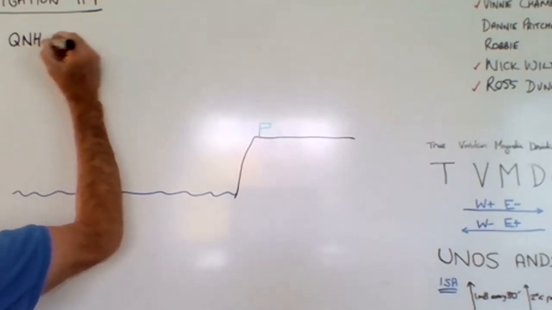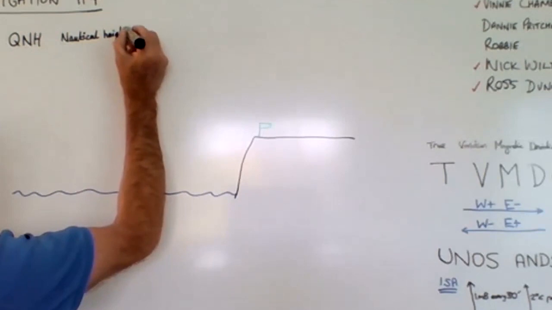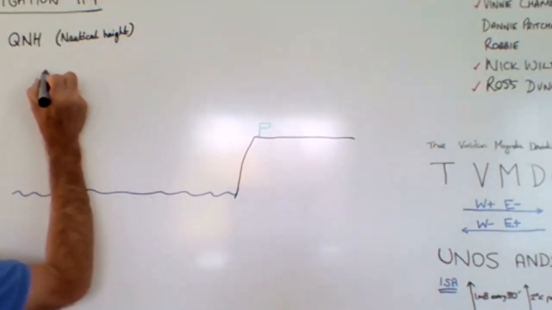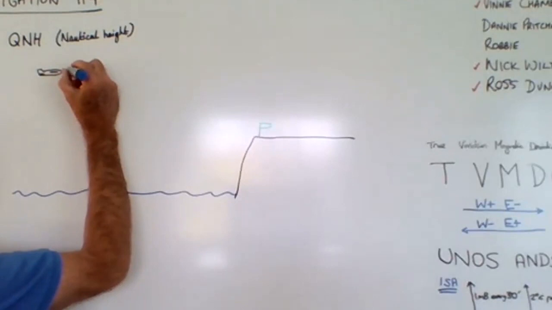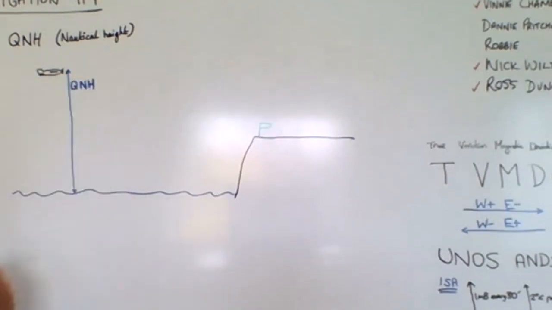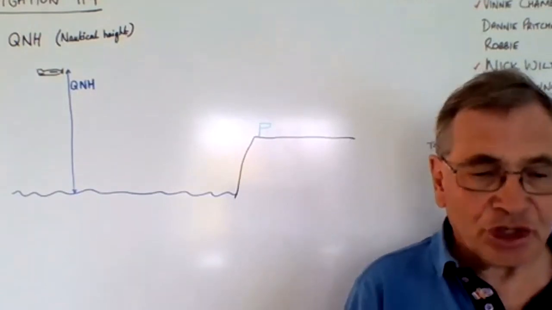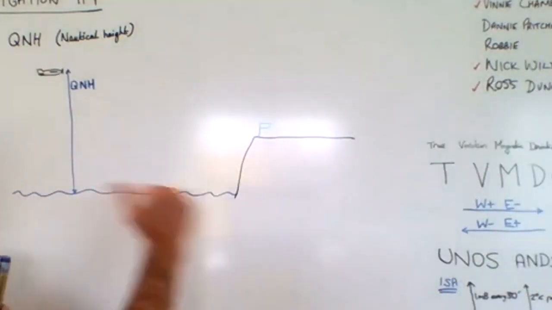In other words, NH means nautical height, which is where the expression comes from. So QNH is altitude above sea level.